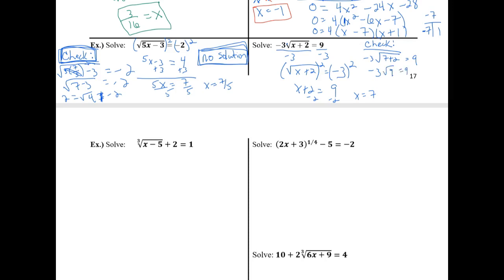Square root of 9 is 3. But I'm going to get negative 9 equaling a positive 9, which is not true. These things are not equal. So again, there is no solution. And you can see that as long as you're always checking the solutions that you get.